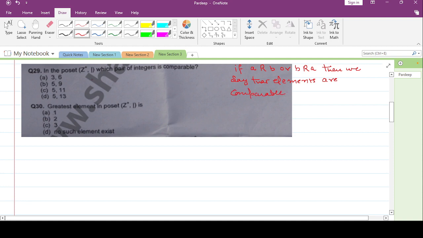Here the relationship is divisibility. Now check whether one element divides the second element or not. Clearly 3 divides 6, so 3 and 6 are comparable. In this option, 5 does not divide 9, and 9 does not divide 5, so they are not comparable. Similarly, 5 does not divide 11, nor does 11 divide 5, so they are not comparable, because the divisibility relation does not hold true. Similarly, in this option, 5 does not divide 13, and 13 does not divide 5, so these elements are not comparable.